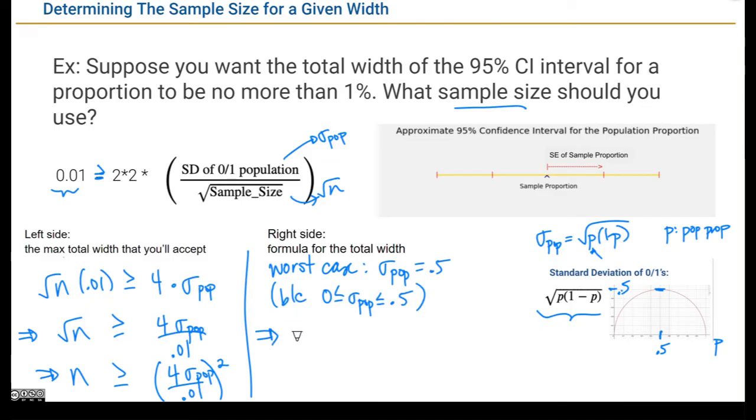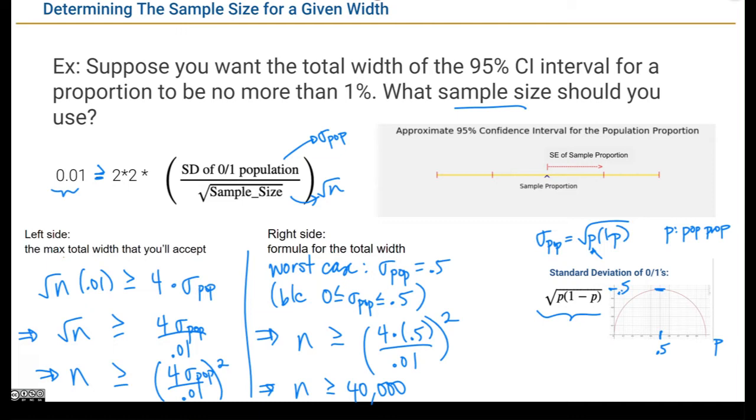That means that n needs to be greater than or equal to, at worst, 4 times 0.5, this whole quantity squared, which means n needs to be 40,000.